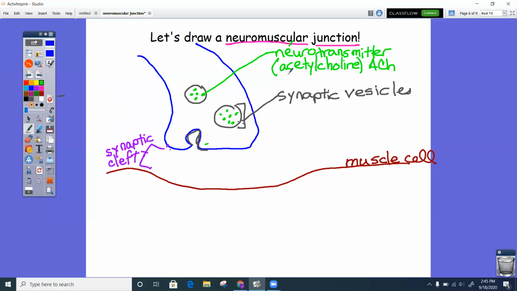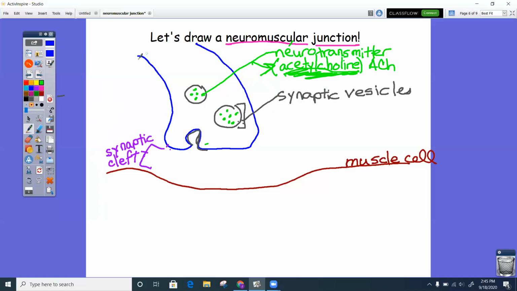I need to know that you know this word. Okay, so those synaptic vesicles contain the neurotransmitter acetylcholine. That is specifically what they are. Acetylcholine is a type of neurotransmitter, so I'm not saying those are interchangeable. Chances are I want you to label those green dots as acetylcholine. I'm just telling you that acetylcholine is a neurotransmitter.